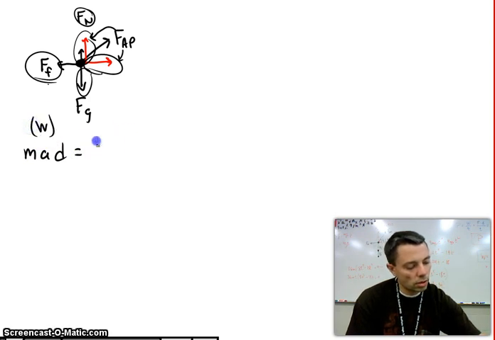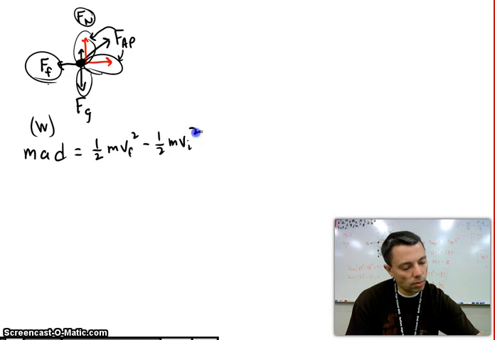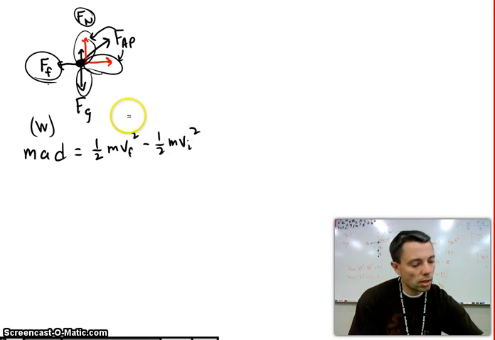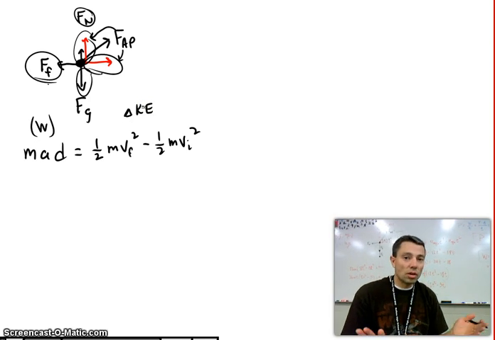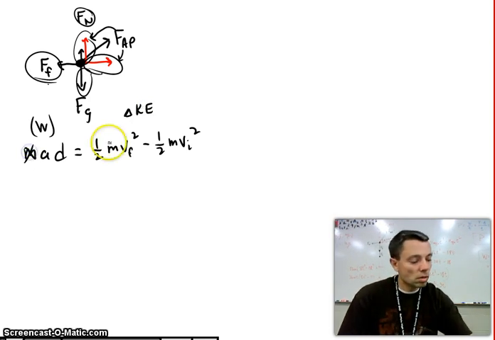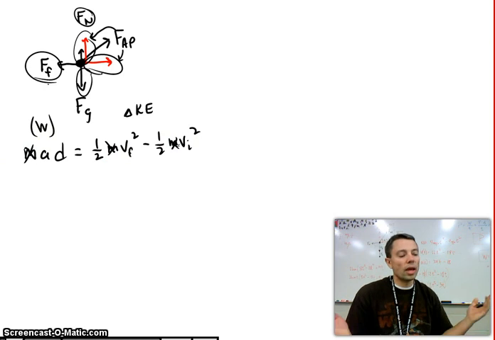change in kinetic energy, 1/2 mvf squared minus 1/2 mvi squared. That's my change in kinetic energy. As long as the mass remains the same in all situations, it's factorable and cancelable.